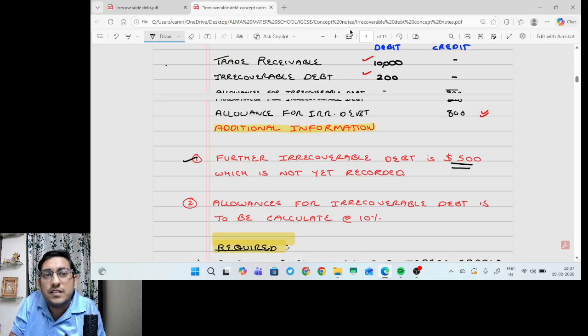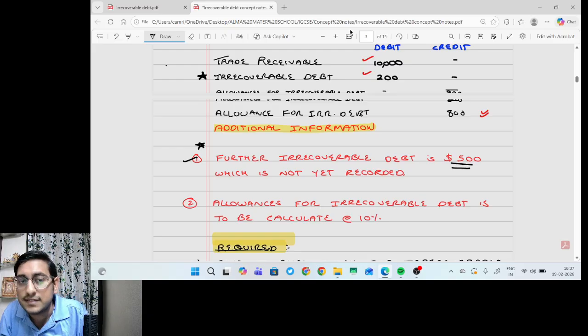Now please be careful students, please concentrate. Irrecoverable debt is given in the trial balance, and irrecoverable debt is also given in additional information. What is the difference? The irrecoverable debt in the trial balance is already adjusted, meaning from 10,000 this 200 has already been written off. But when it is given in additional information, a journal entry is required to be passed.